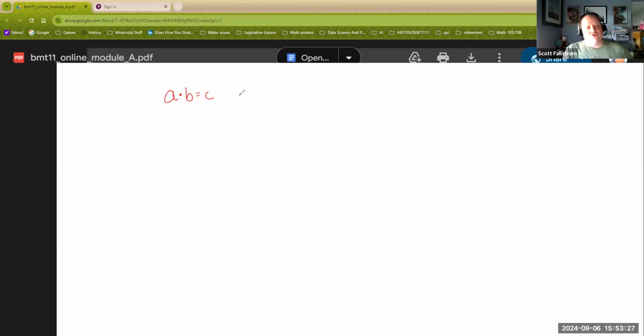So let's go over and try, how does that link to division? A divided by B equals C. So go back in your book. This is again chapter 3. If and only if A is equal to B times C, where C exists and is unique.